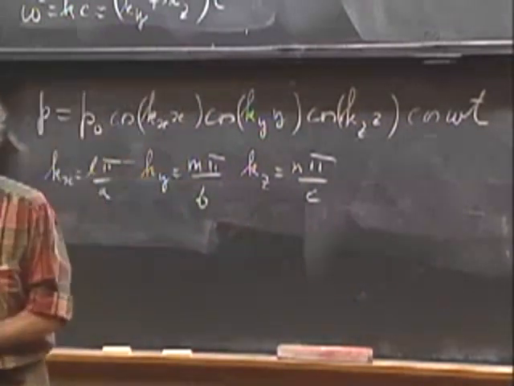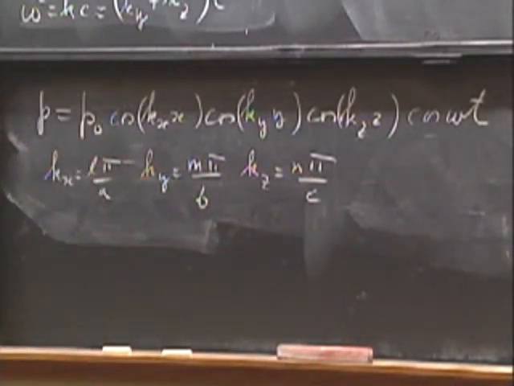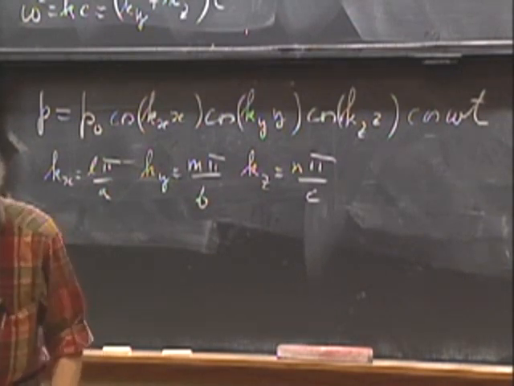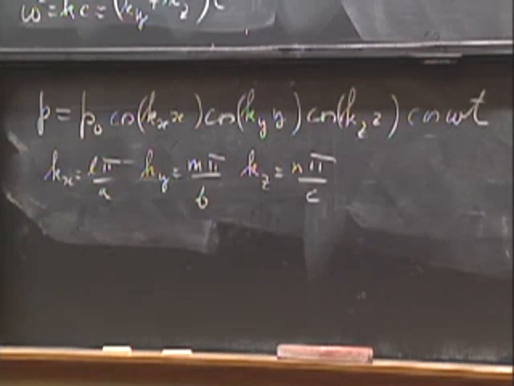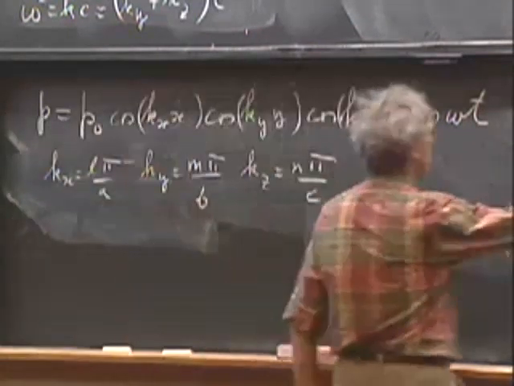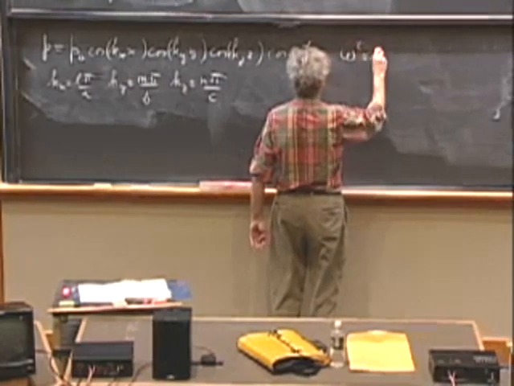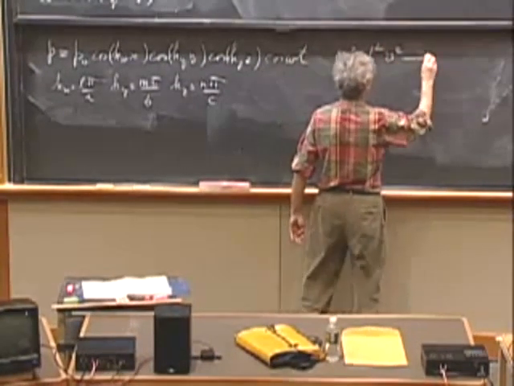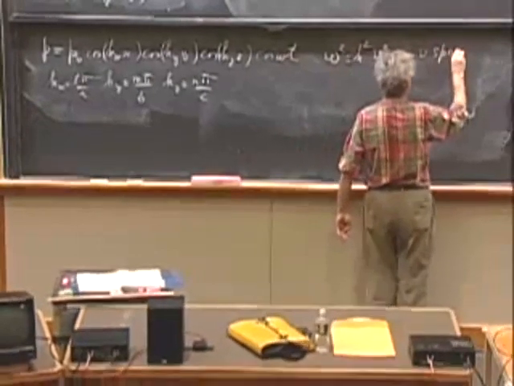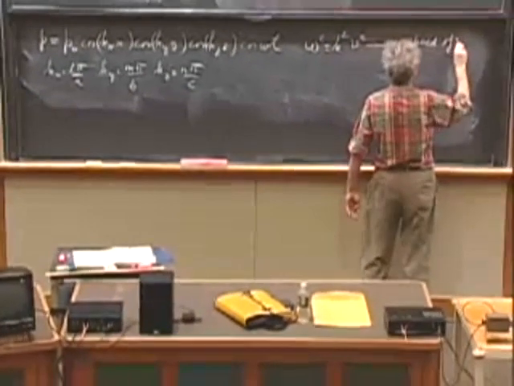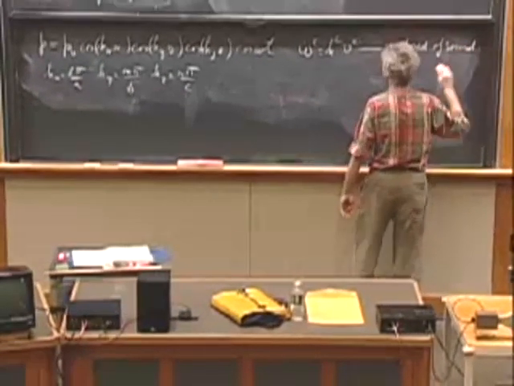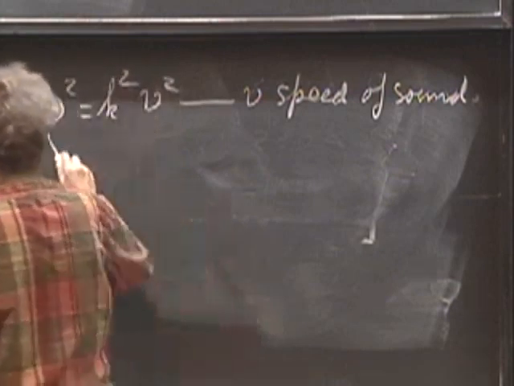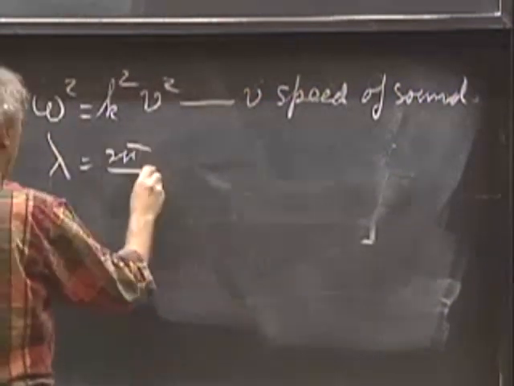Then I'm happy. Then at all surfaces, I have met the boundary conditions that the pressures are a maximum. And what always holds is that omega squared is k squared times v squared, but this v is now the speed of sound. And the wavelength lambda is 2π divided by k.